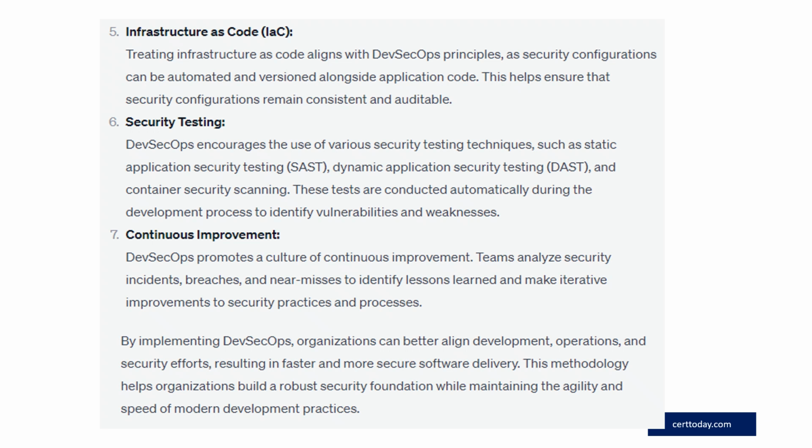Other key principles are 5, infrastructure as code, security testing, and continuous improvement. By implementing DevSecOps, organizations can better align development, operations, and security efforts, resulting in faster and more secure software delivery. This methodology helps organizations build a robust security foundation while maintaining the agility and speed of modern development practices.